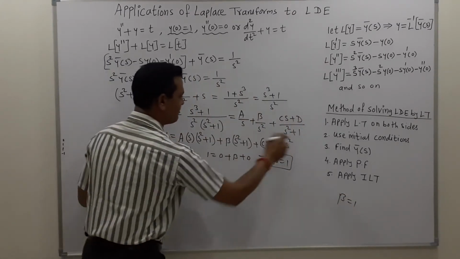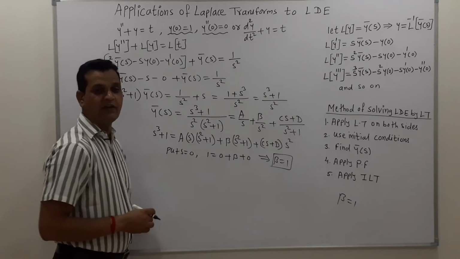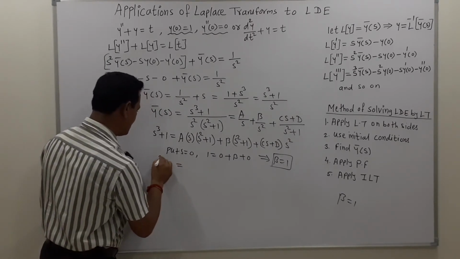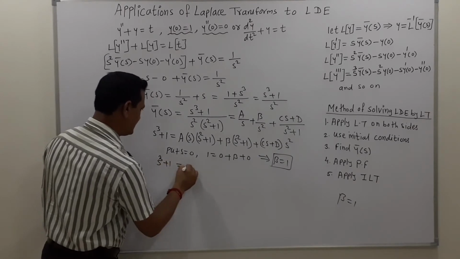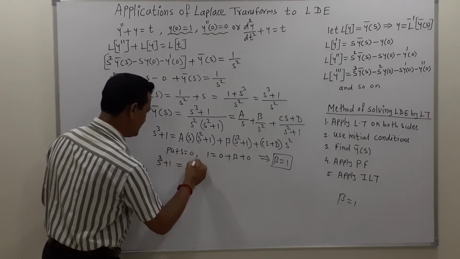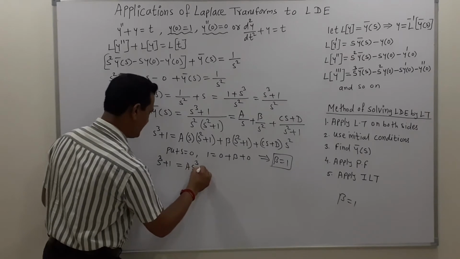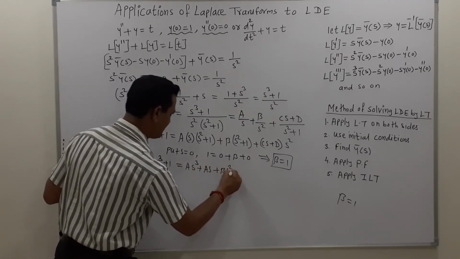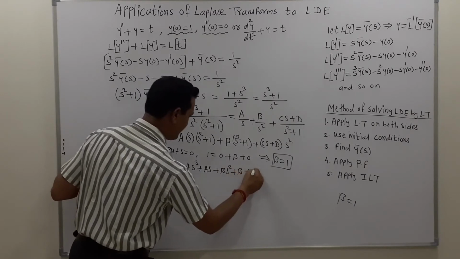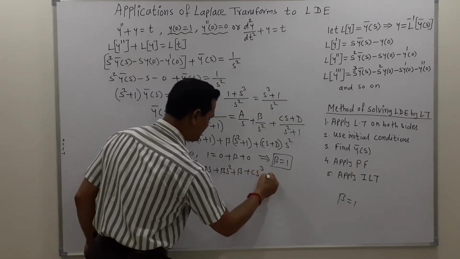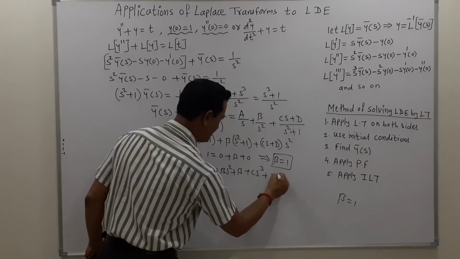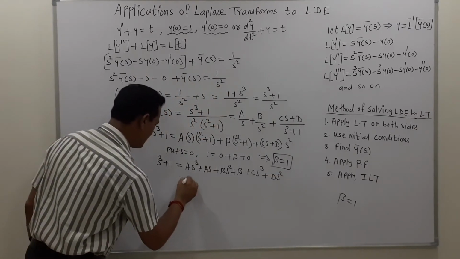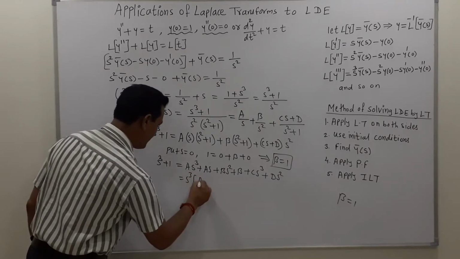Now once again simplify this equation so that we get the value of the remaining terms. So we can write this as s cube plus 1 is equal to a s cube plus a s plus b s square plus b plus c s cube plus d s square. So now arrange according to the decreasing power of s.